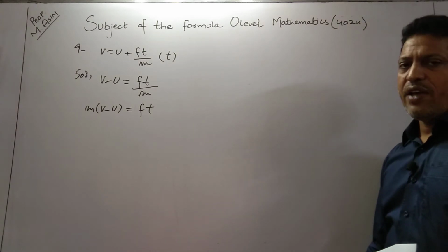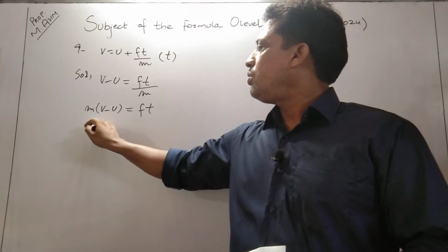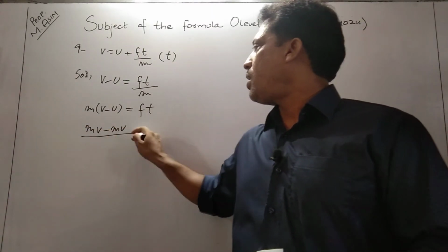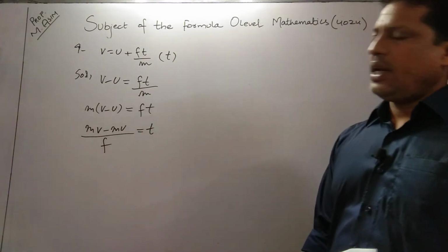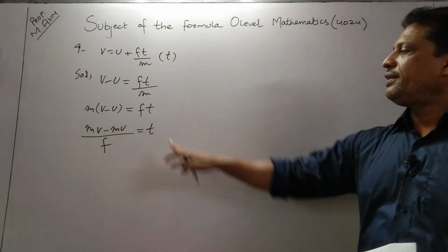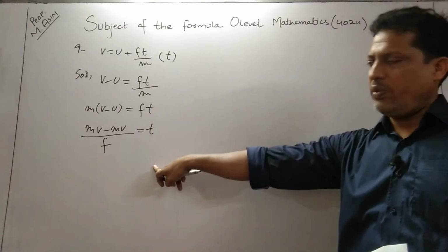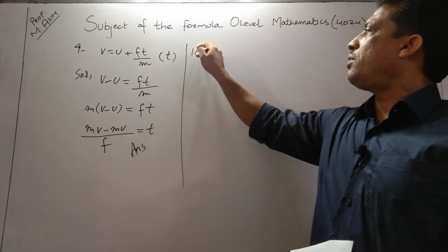And finally f is multiplied, so this should divide on the other side: (mv minus mu) upon f is equals to t. Now our requirement has been fulfilled. T has no coefficient, no exponent, no denominator. This is our answer. See question number 10.